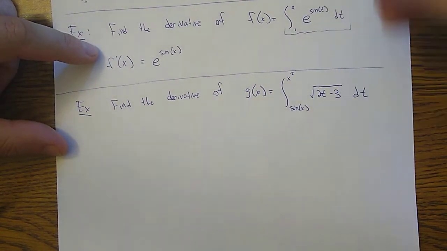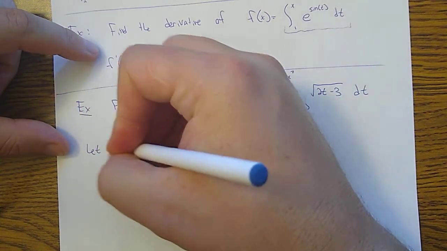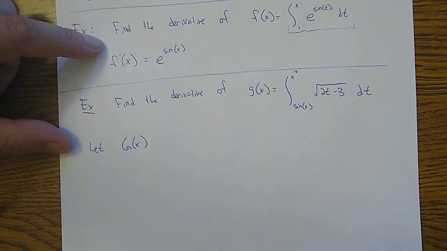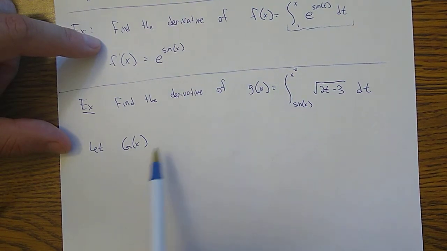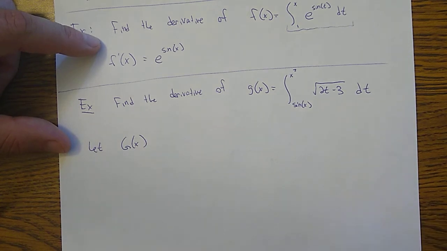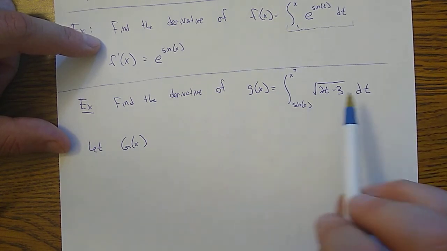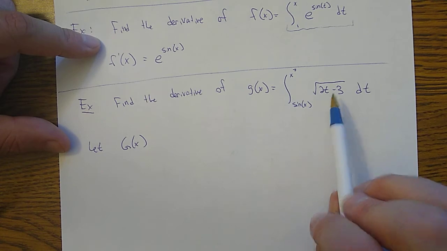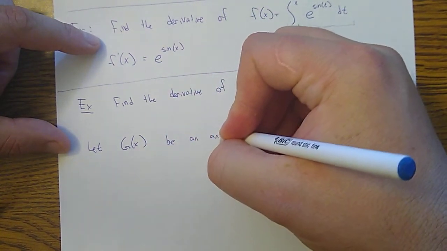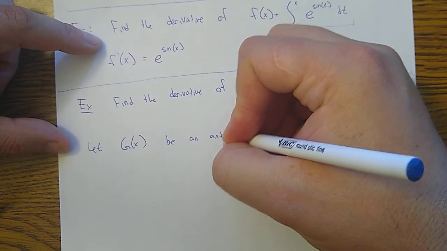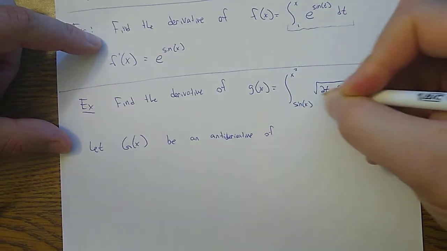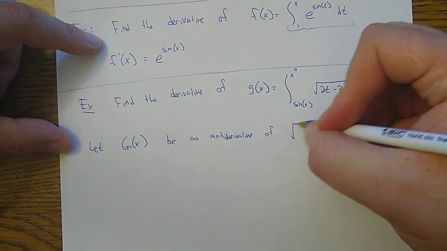Here's what we can do. I'm going to let capital G be an antiderivative of the inside function.